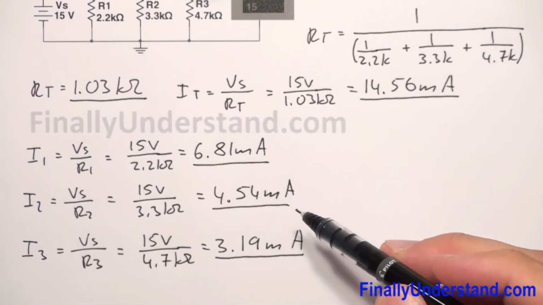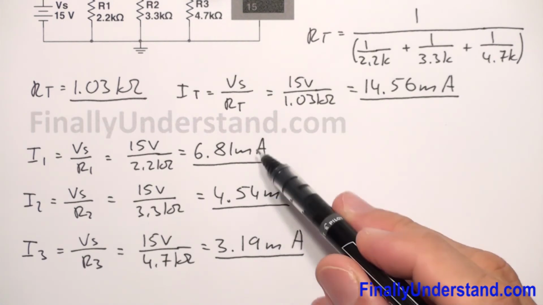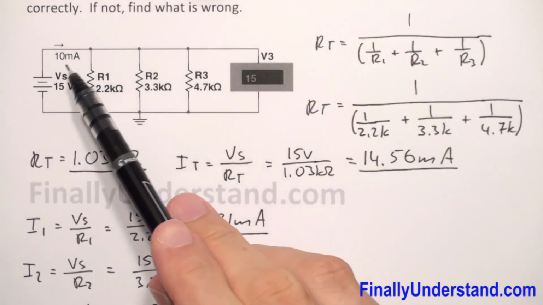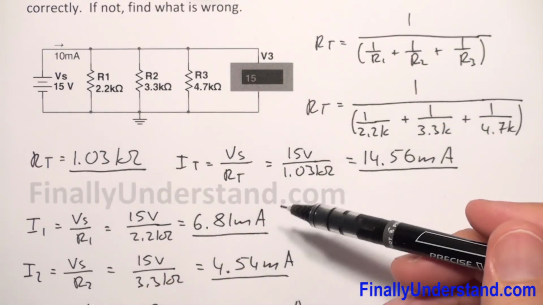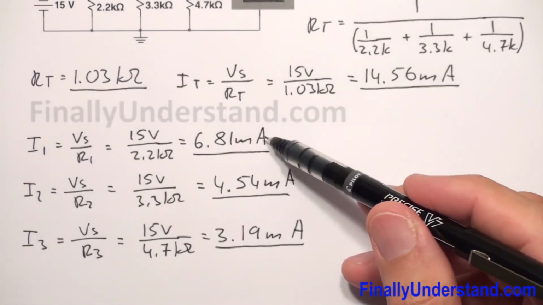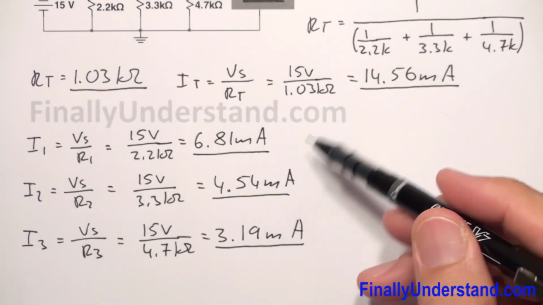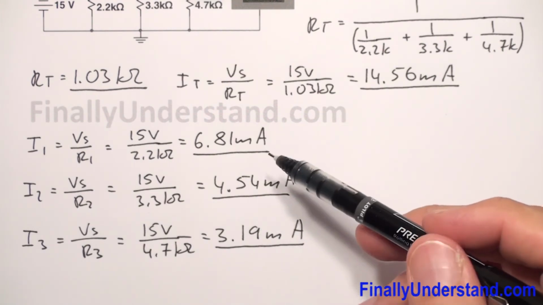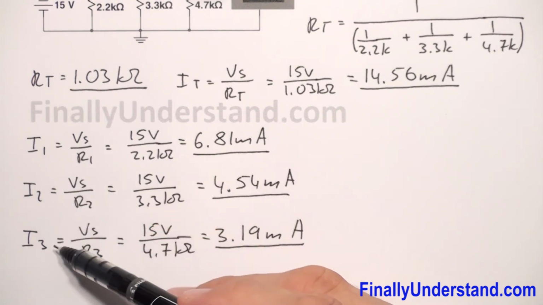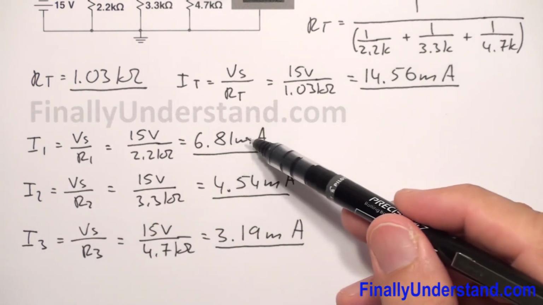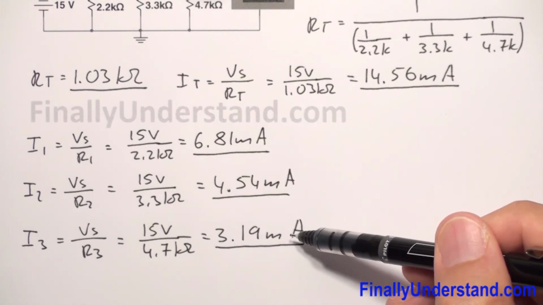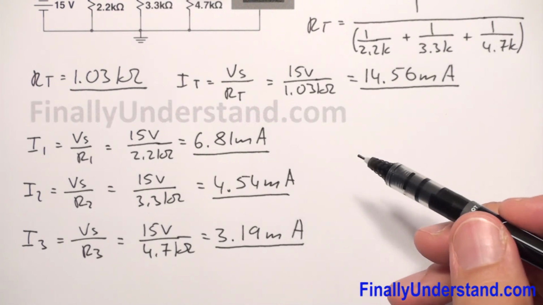Now, what I used to do, I simply look at these values, and I look at the given current. Current is equal 10 milliamps. Which of these three values added to each other will give me 10 milliamps? I have I1 and I have I3. 6.81 milliamps plus 3.19 milliamps is supposed to give me 10 milliamps, right?